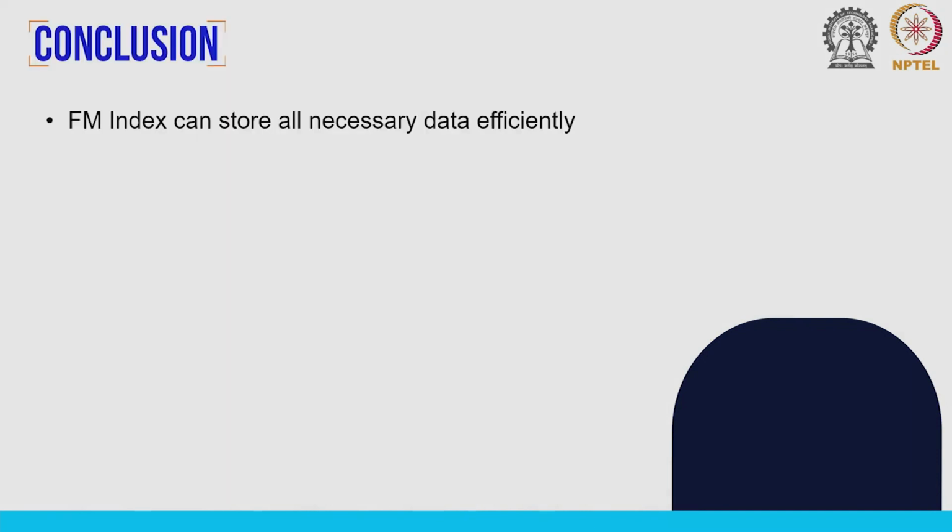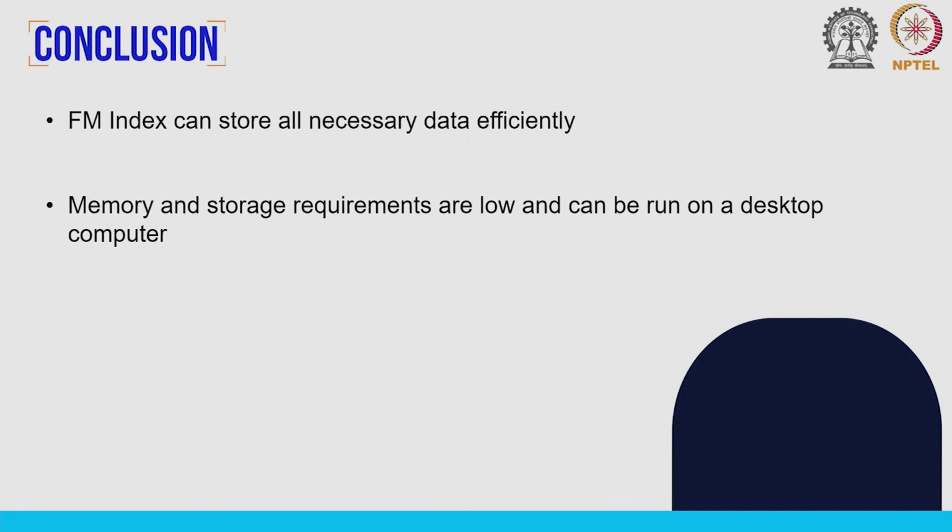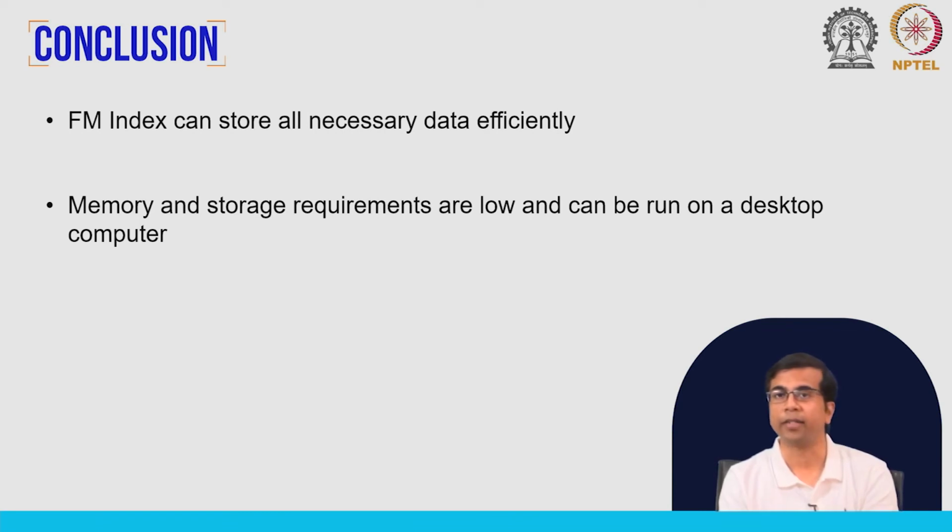To finally conclude, we have defined something called the FM index, which can store all necessary data in a very efficient manner. The memory requirement for storing this FM index is much lower than the other methods that we have discussed, for example, hash table or suffix array based methods.